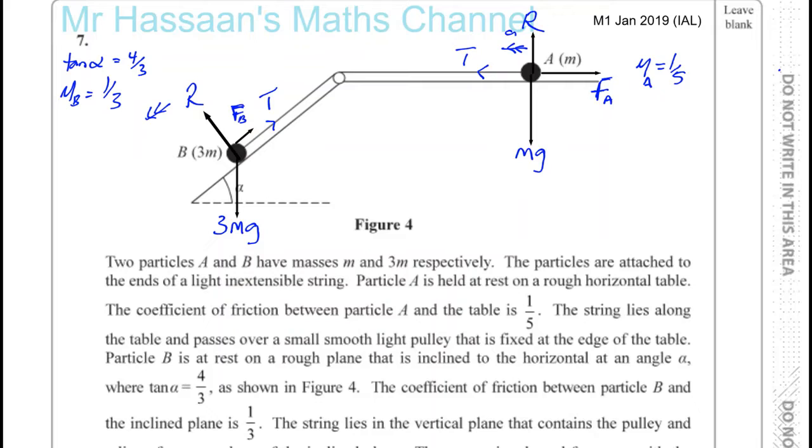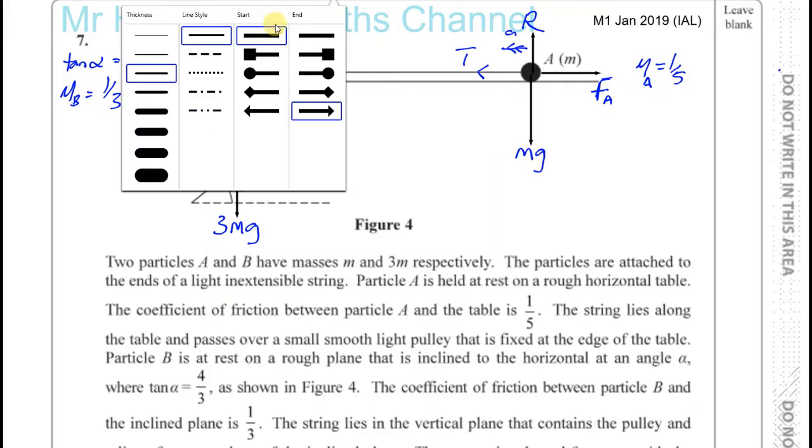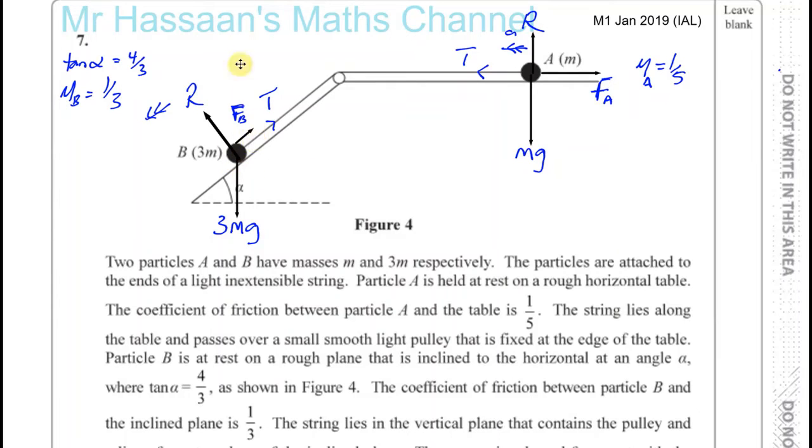But the weight, we're going to resolve perpendicular and parallel to the plane. So there's a component of it acting down the plane and a component acting perpendicular to the plane. So this will be 3mg. Now this angle here is alpha. It's the same as that angle here, from similarity.